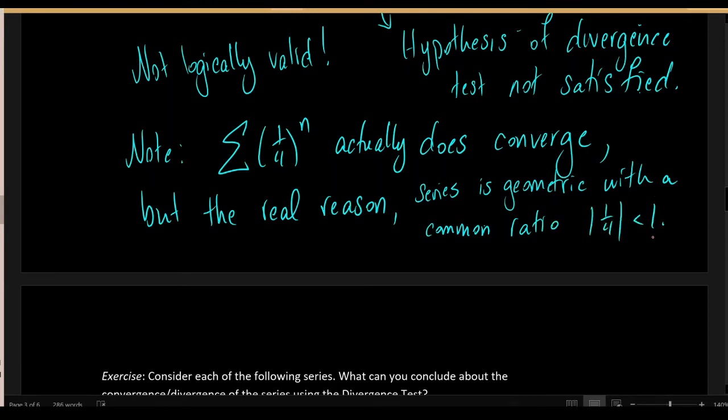So the reason that this series converges is not the divergence test. This series converges because of the theorem from yesterday, which says that geometric series converge whenever their common ratio is less than 1 in magnitude.